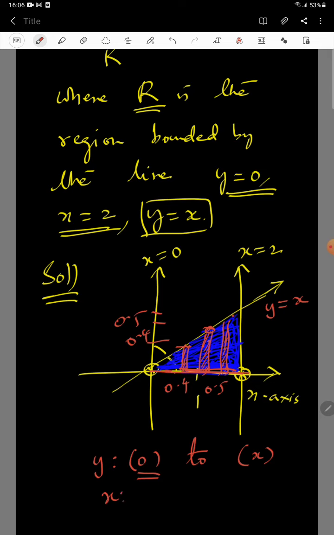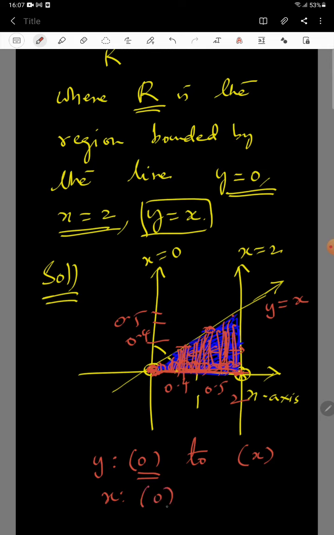And that point is moving, that strip is expanded. So by expanding these strips, what are the x values? x should start from 0 and x should go up to 2.